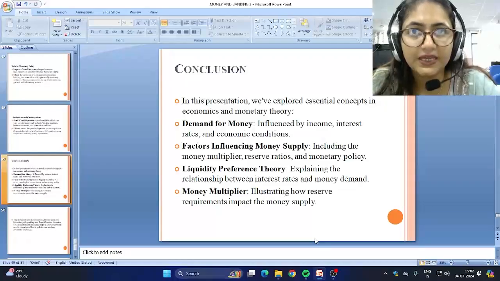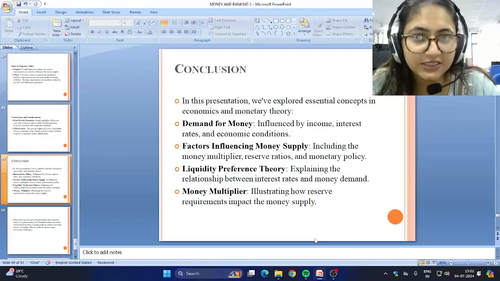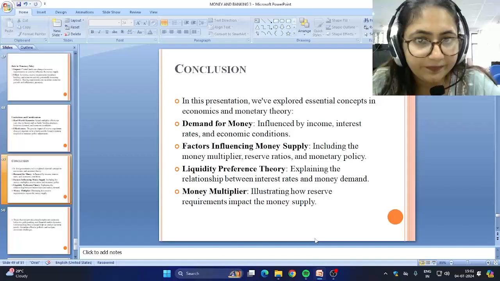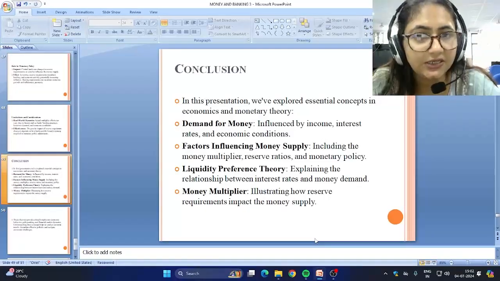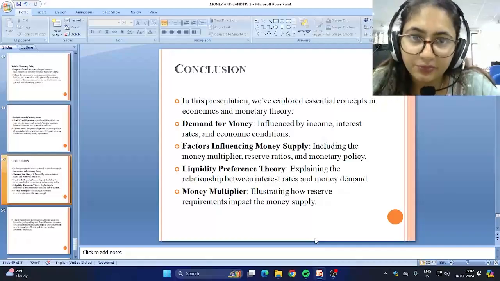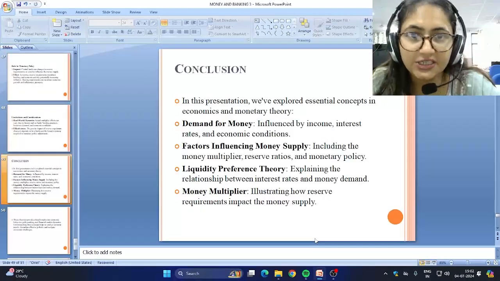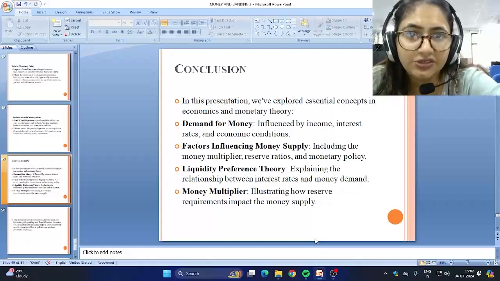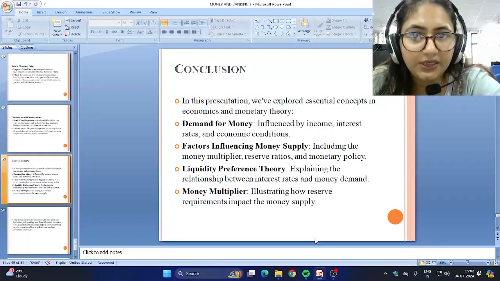So, in this presentation, we have discussed demand for money. We have discussed how individuals and businesses determine their desired holdings of money based on transaction needs, precautionary savings, and speculative motives. Factors such as income levels, interest rates, and economic uncertainties shape these preferences.